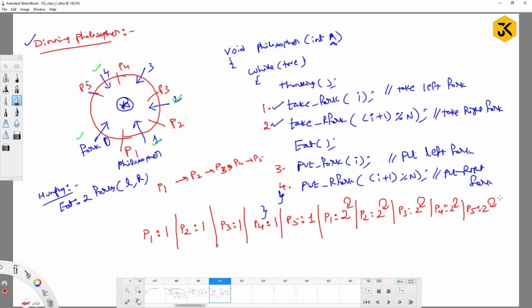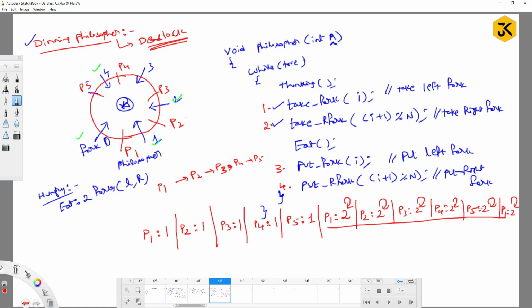Right? Now after P5 again it will give a chance to one of the philosophers. Even if it gives a chance, assume that P1 got the chance again, line number 2. It is going to be in this particular state only, right? Means what will happen here? Our problem is not yet solved or stopped. Neither stopped nor solved, right? So this particular problem we call deadlock.